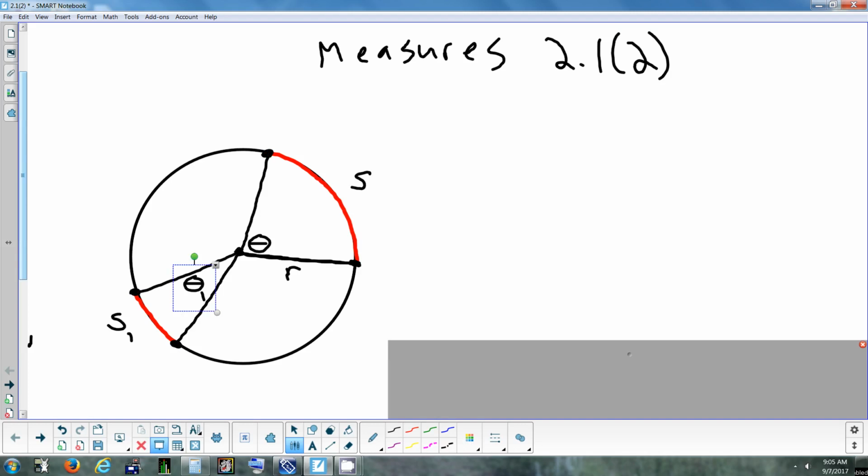So there's a direct relationship, we call it directly proportional, between the arc size and the angle size. If you make that angle half as big, then you just made the arc half as big. If you make the angle double the size, you make the arc double the size. Those two things are directly proportional, which allows me to set up a proportion.